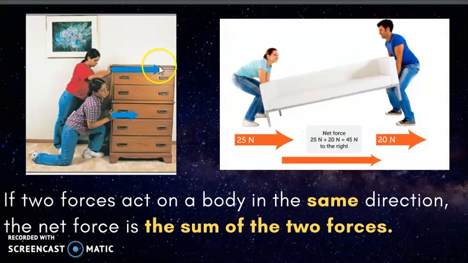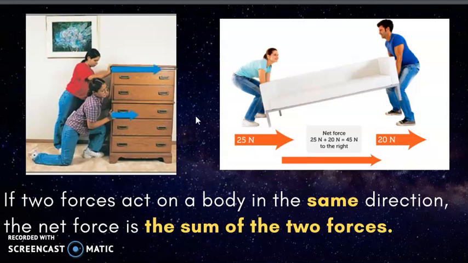So what can you see over here? Yes, both of these ladies are pushing this wardrobe towards this end, right? Both of them are applying their force in the same direction. So if two forces act on the body in the same direction, what would happen? Yes, the wardrobe will move towards this end, right?